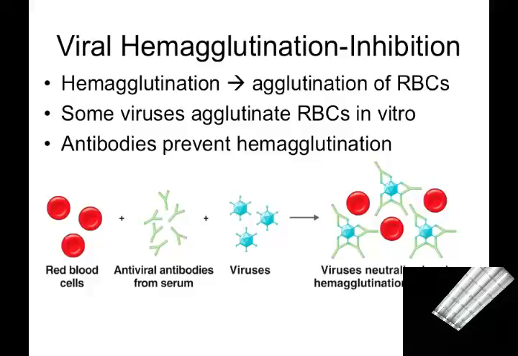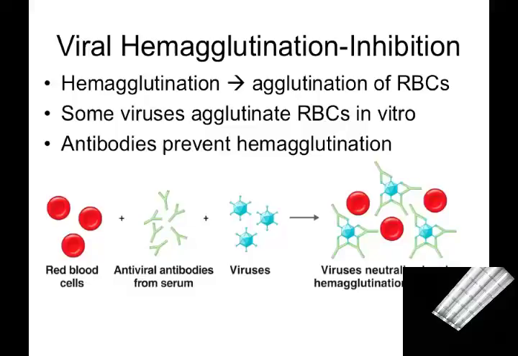So say we're a patient, we've been exposed to that virus, so we have antibodies against that virus in our serum. One way to ask if that is the case, maybe as a doctor you suspect that patient has seen the virus, is if it's one of these viruses that normally agglutinates red blood cells, we add red blood cells and we add the virus. We have these parts, okay?